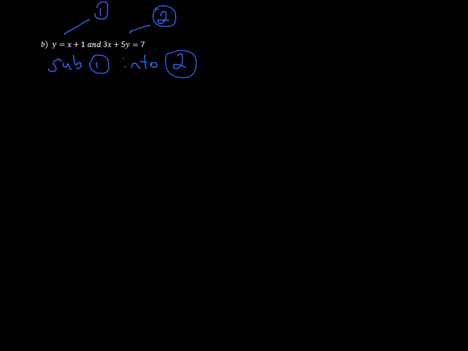So I'll rewrite it out. Now, I'm going to substitute equation 1 into this equation. So 3x plus 5, and from equation 1, we know that y equals x plus 1, equals 7.